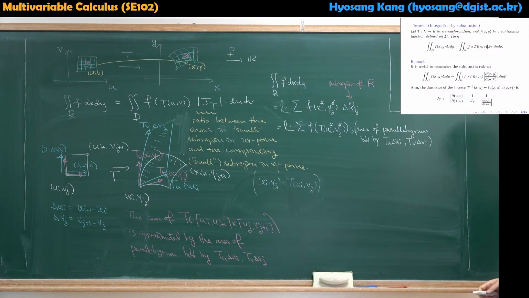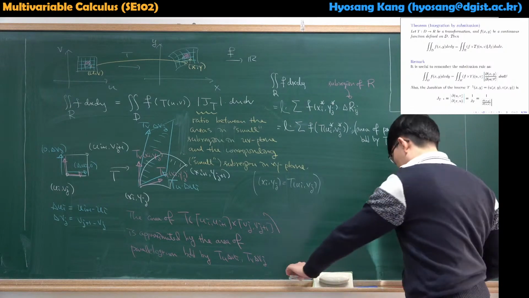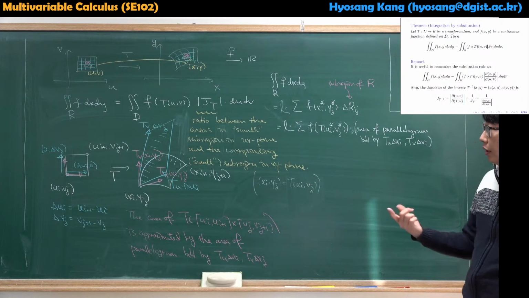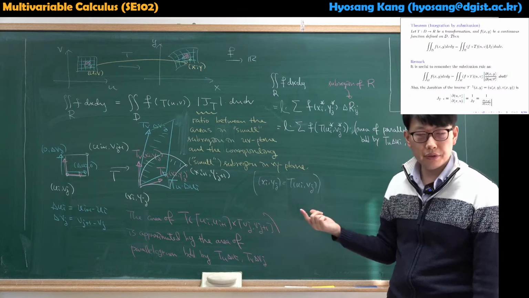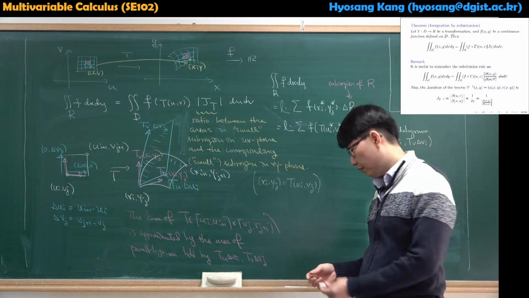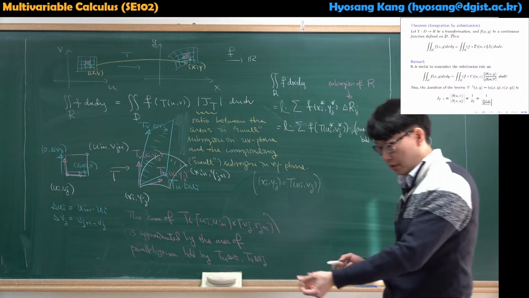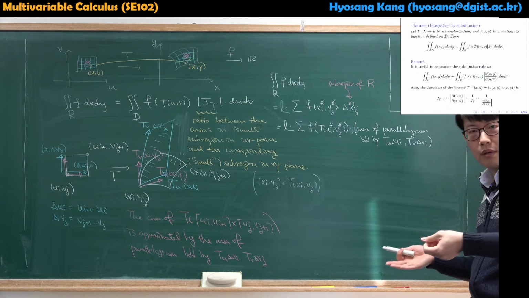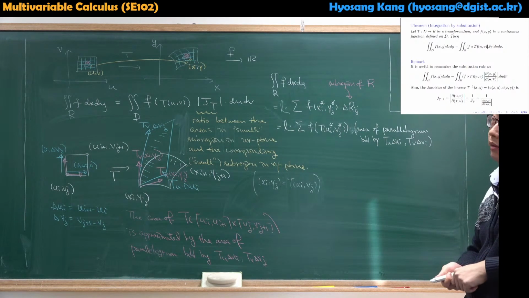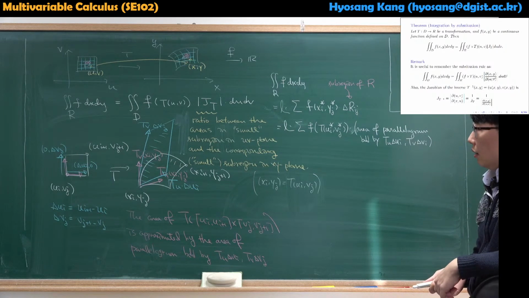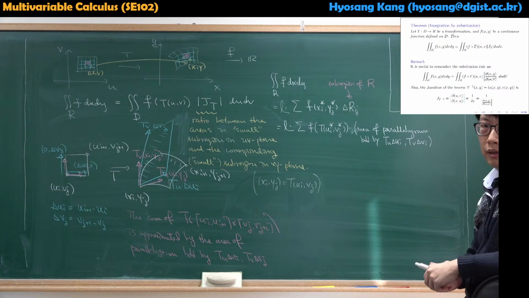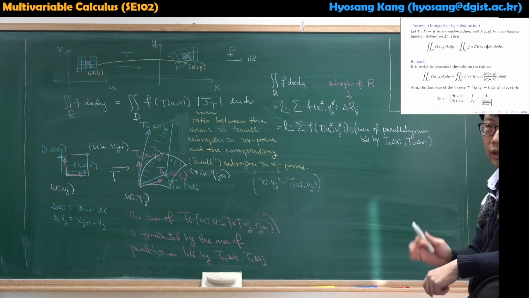Okay, so let's compute the area of this parallelogram. How do you compute that? These two vectors are two-dimensional vectors. You have to remember that. The area of the parallelogram spanned by two-dimensional vectors can be thought of as the norm of the cross product of these vectors considered as three-dimensional vectors inside the xy plane.